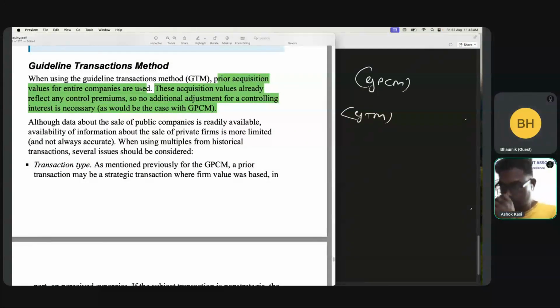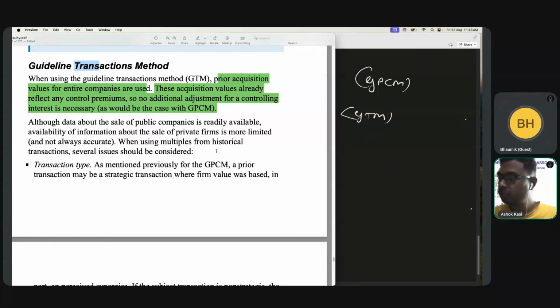When using the guideline transaction method, prior acquisition values for entire companies are used. You are using prior transactions as the guidance. These acquisition values already reflect any control premium, so no additional adjustment for a controlling interest is necessary. Although data about the sale of public companies is readily available, information about the sale of private firms is more limited.